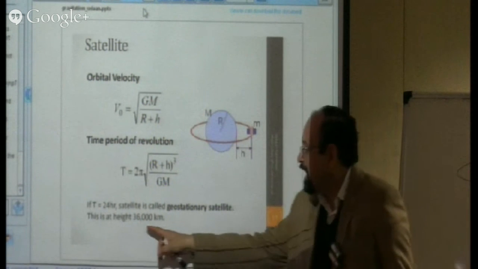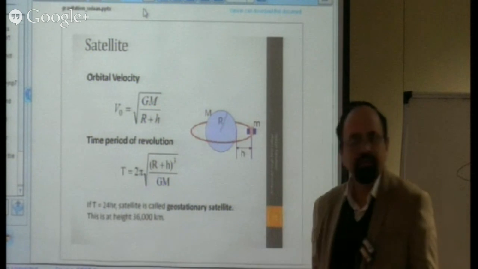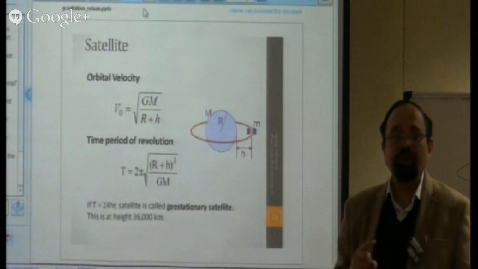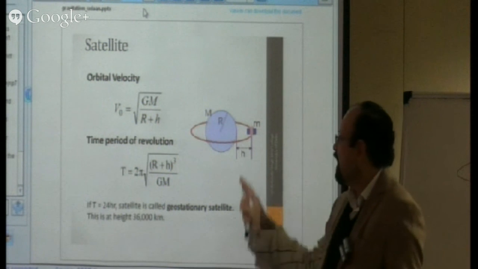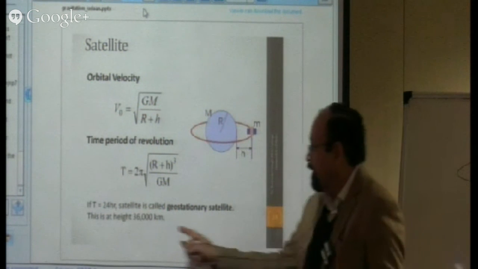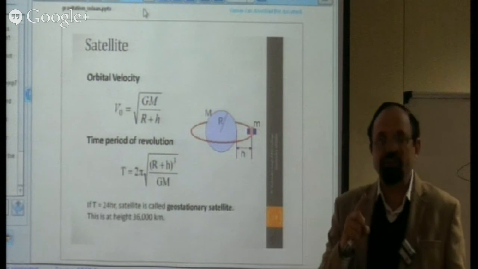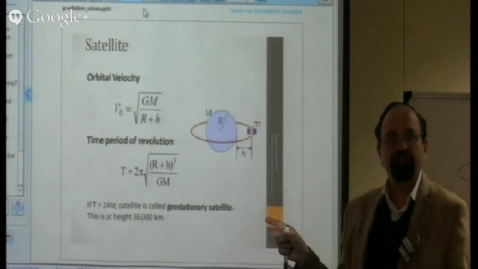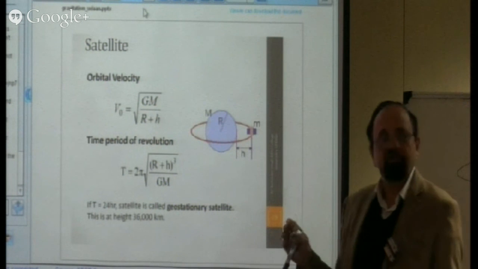The height is nearly, it is not an exact value, 36,000 kilometers. If I want to make a satellite a geostationary satellite, I have to increase its height. Please remember, it is not the radius. For radius, you have to add 6,400 kilometers additional to this. So that satellite will appear to be stationary from Earth.